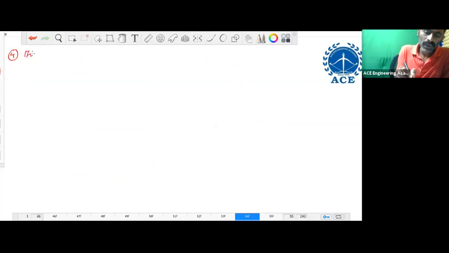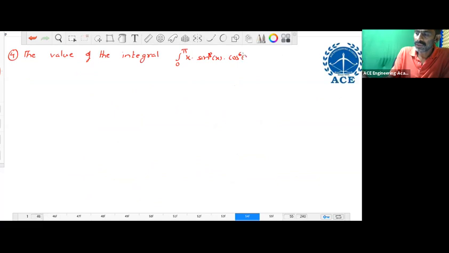The value of the integral from 0 to pi of x into sine power 8 of x into cos power 6 of x dx is the value of the integral.